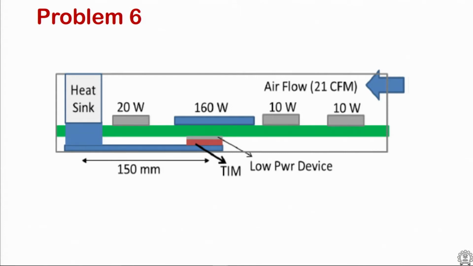So, the solution that is designed is to carry that heat to a location on the top where one can mount a heat sink, where there is a large airflow from right to left, and to dissipate that heat.